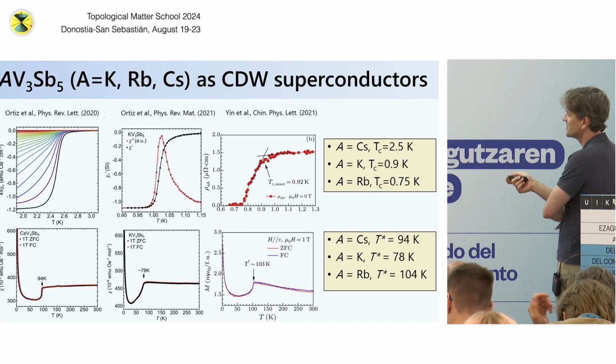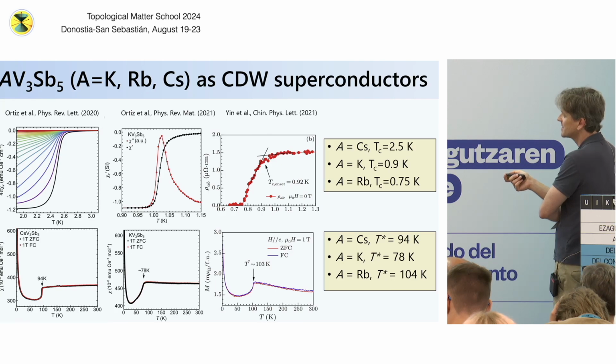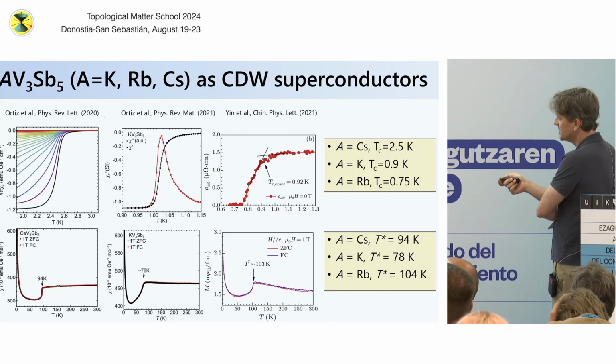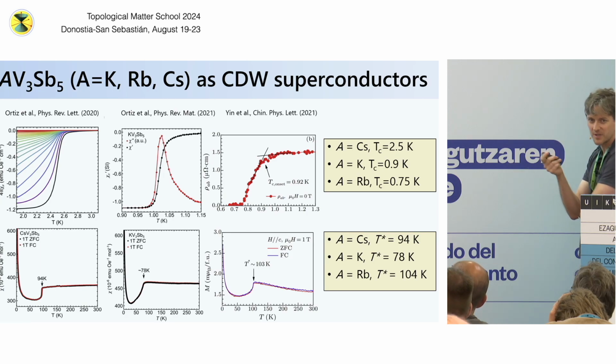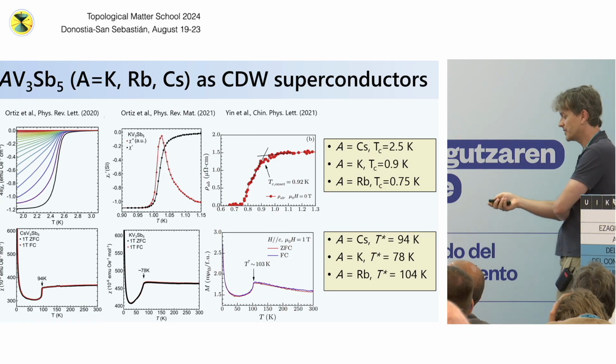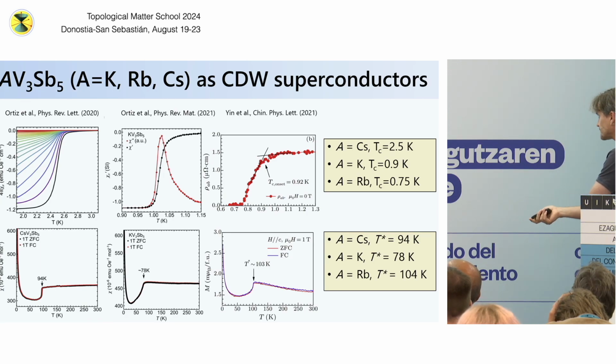At high temperatures in the susceptibility you can see they're Pauli paramagnets, a temperature-independent susceptibility term. Then as you cool below a critical temperature, which is near 100 Kelvin and varies from system to system, you see a dip in the density of states, indicative of a partial gapping of the Fermi surface, consistent with the onset of charge density wave order.